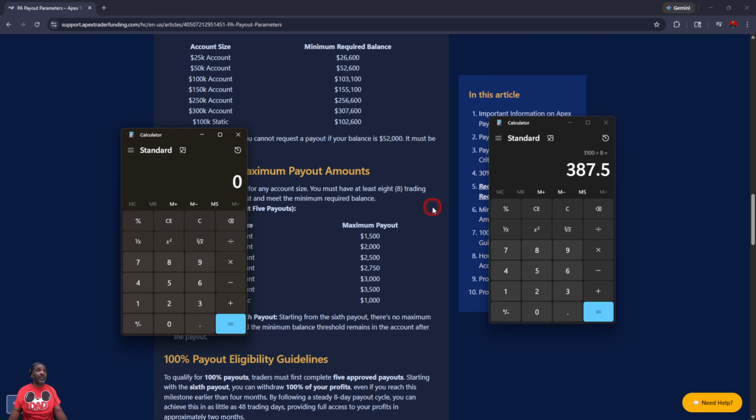But you can't even take it out at 2,000, you got to get to, what is it, 2,600. All right, so 2,600 times 0.3, so 780 on a 50K account is the biggest you can get if you want to take it out as soon as you hit 2,600 and take out $500. So 780 is the biggest one day can be.